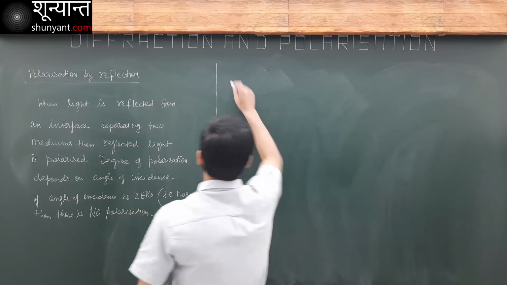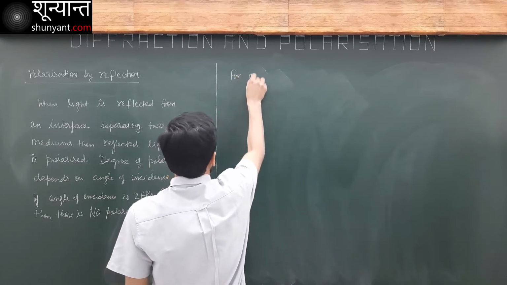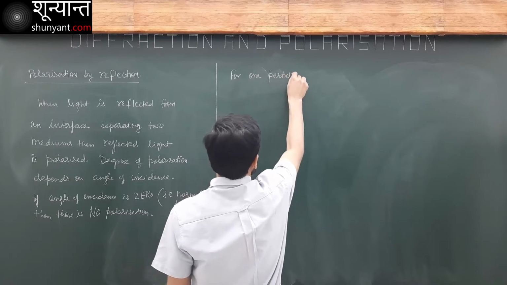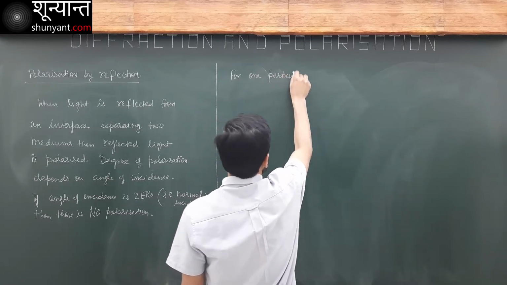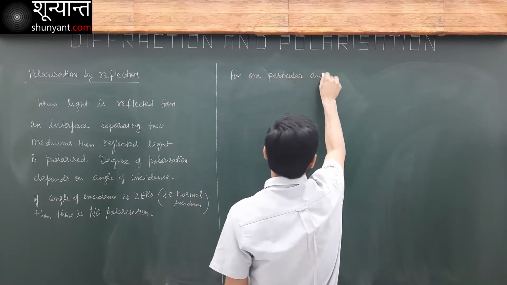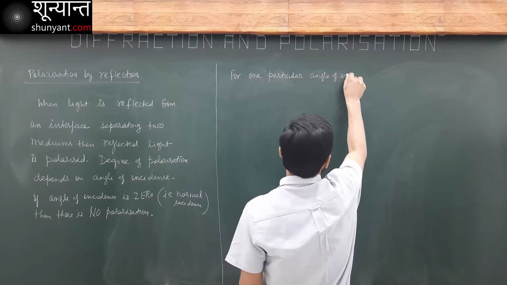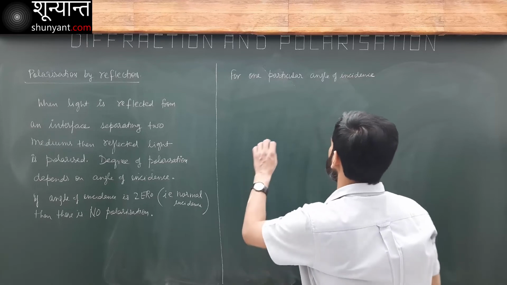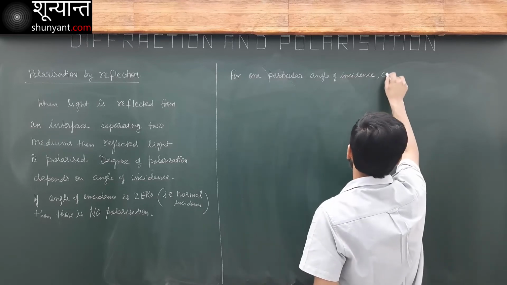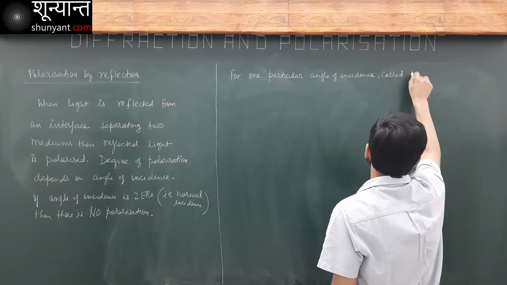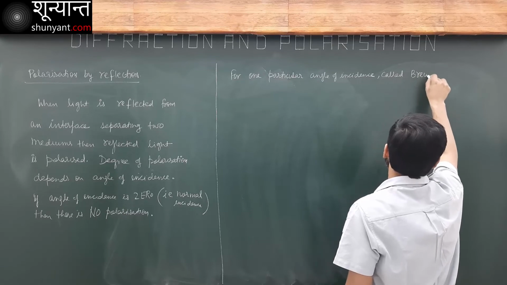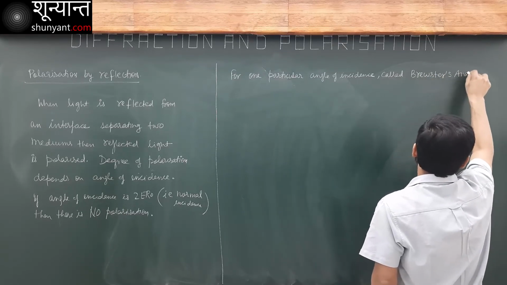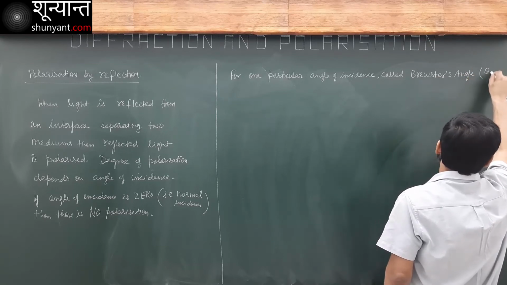That's it. Now, for one particular angle of incidence, called Brewster's angle, let me say this theta b.